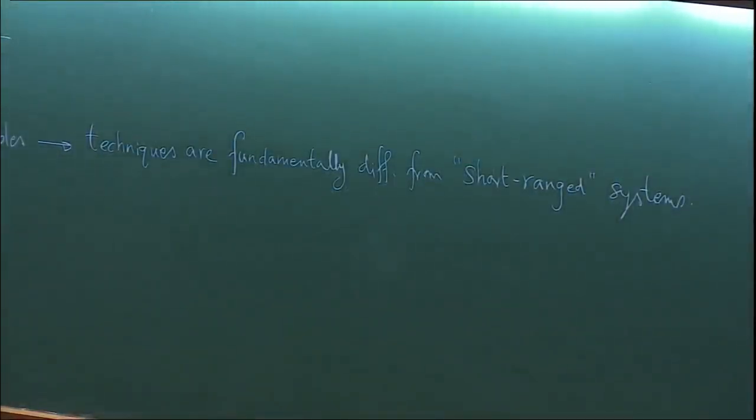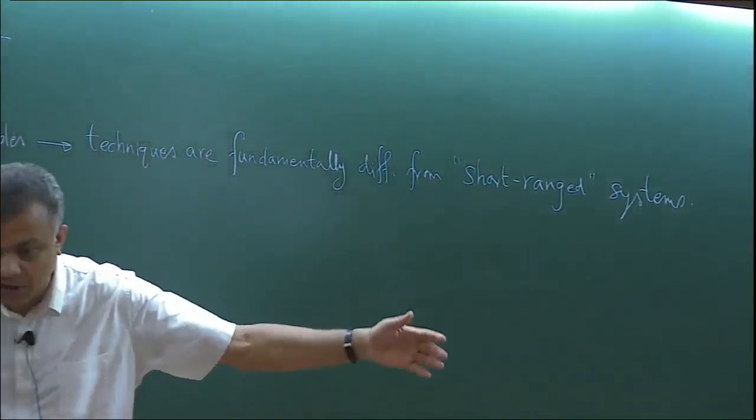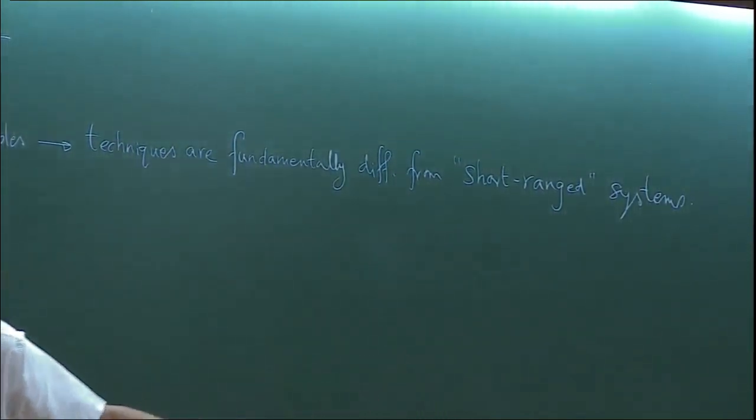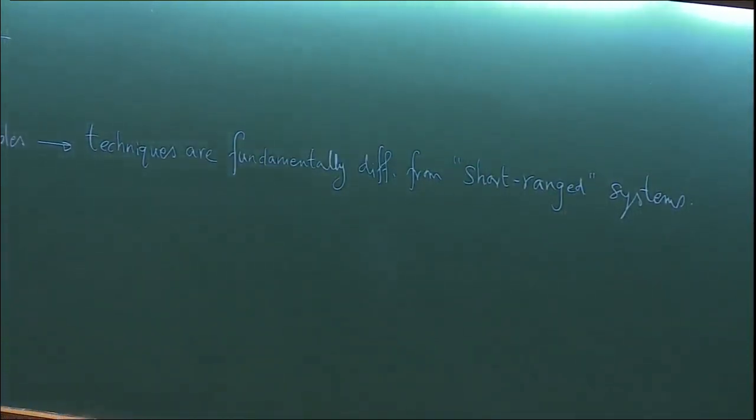Just take a 1D Ising model or 2D Ising model, short range, nearest neighbor. How does the free energy behave with the system size? Linear, yes. So it's an extensive system. That means if you double the size of your system, free energy doubles, right? That's a consequence of the short-range problem.